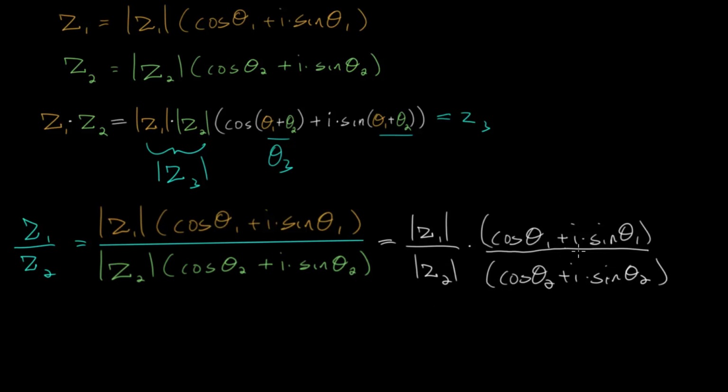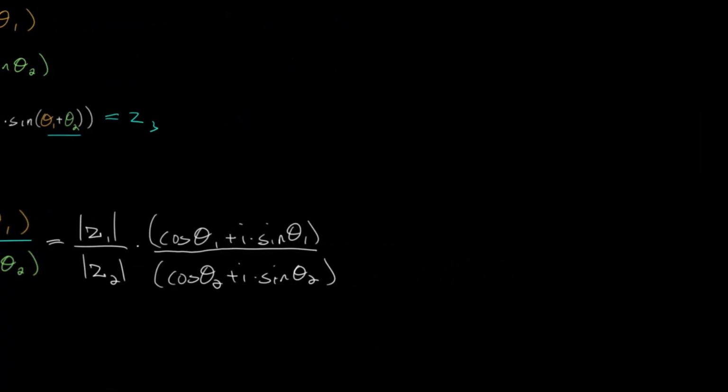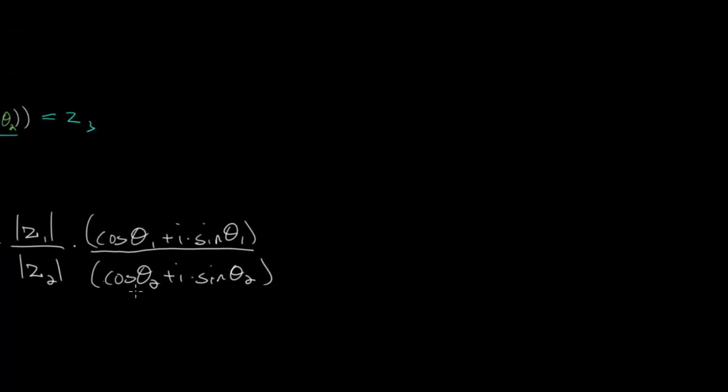And remember, when dividing complex numbers, the strategy is essentially to get i out of the denominator. And to do that, we want to multiply this denominator by its complex conjugate. So remember, the complex conjugate of a number is essentially the same number, but with the imaginary part having the opposite sign.